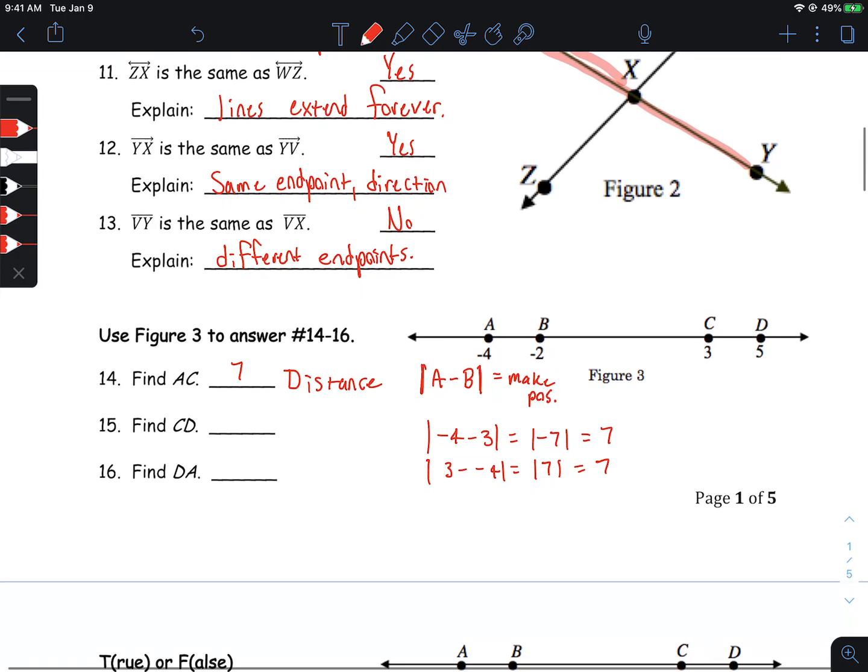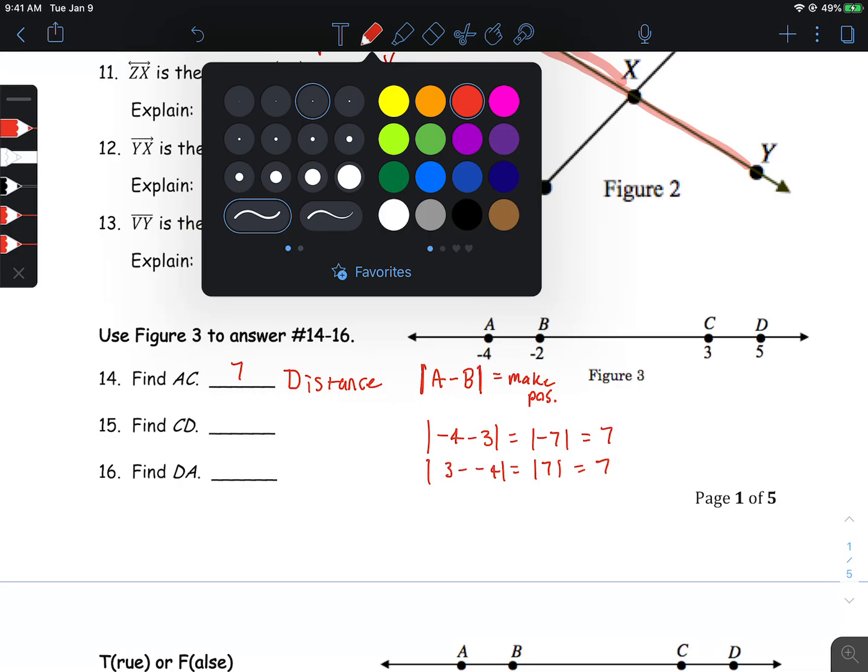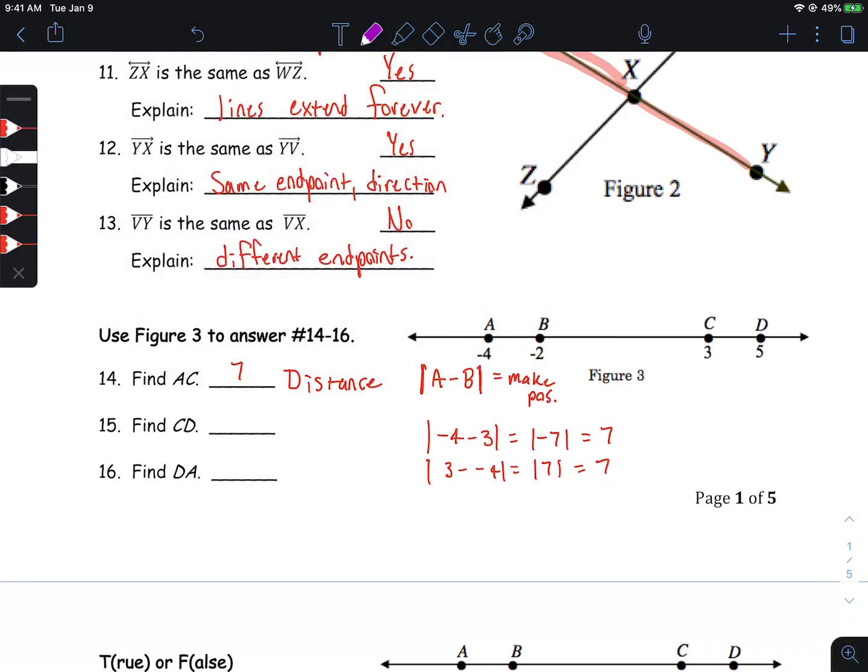Now, I'm not going to write all that out every single time for each problem. I just wanted to verify why the answer was 7 there. Okay, so that's that. Next, let's go C to D. So that would be, I'm going to go in the order of 5 minus 3, that gives me absolute value of 2, which is also regular 2.